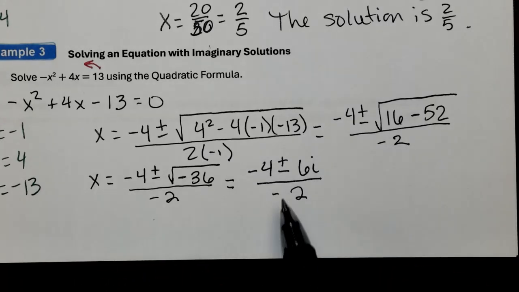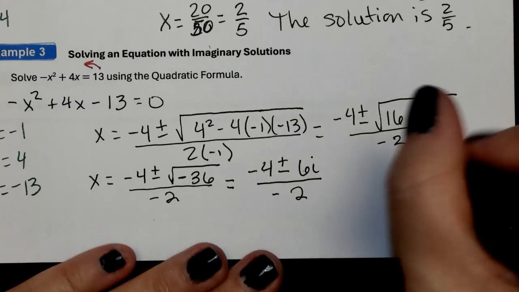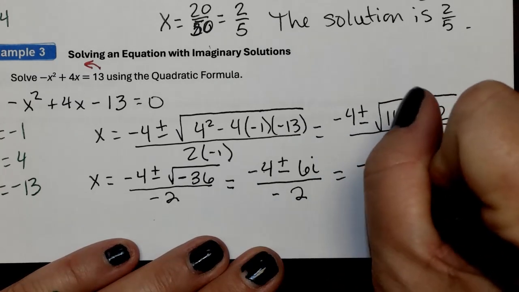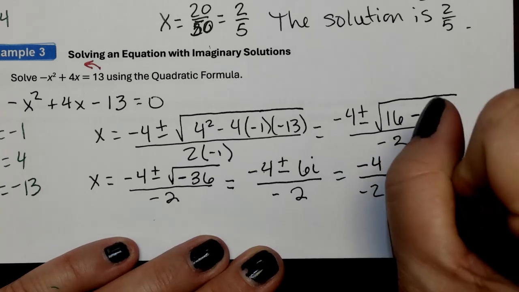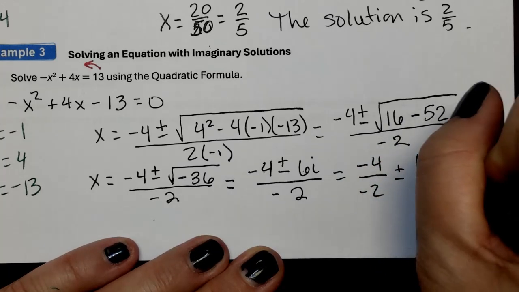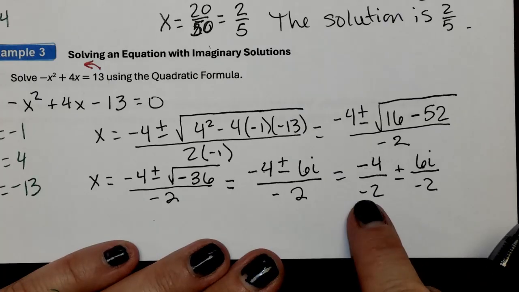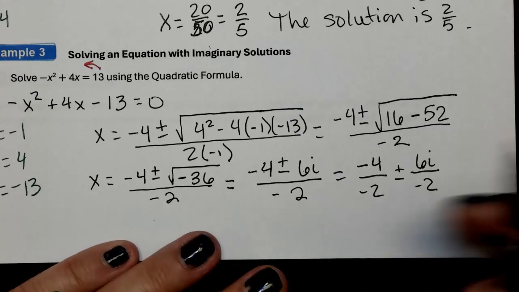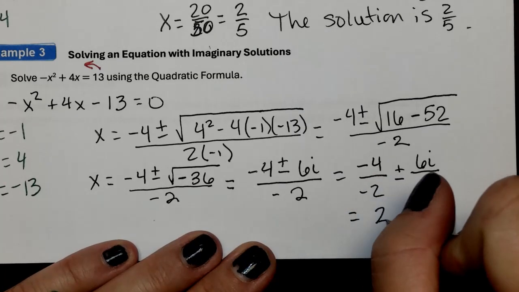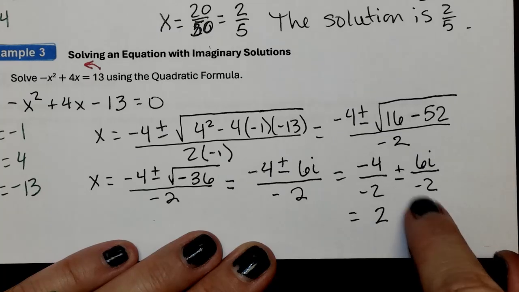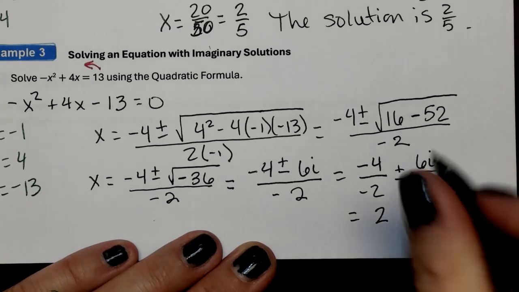All right, and because all of my number parts are divisible by 2, I can actually simplify this. And so I can separate each part and divide them by negative 2. So I'm going to show you that step just so I don't confuse anyone on how I'm doing this. All right, so we have negative divided by negative gives us a positive. And then this doesn't matter because it's going to stay plus or minus.